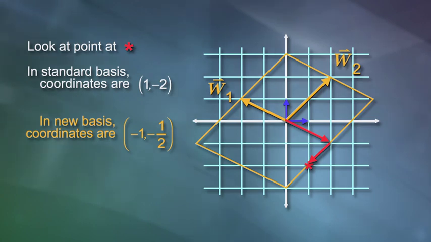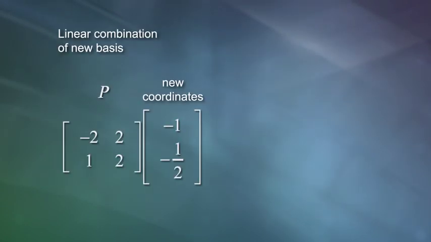That's the geometric view. If I want to compute the coordinates in the new basis algebraically, then I should form a matrix P that contains the new basis as its columns. Then as a linear combination of new basis vectors, the star point can be expressed as P times the vector of new coordinates.